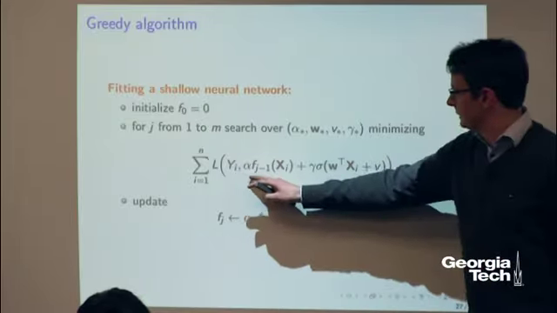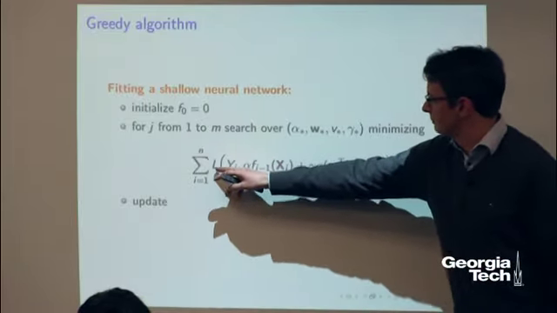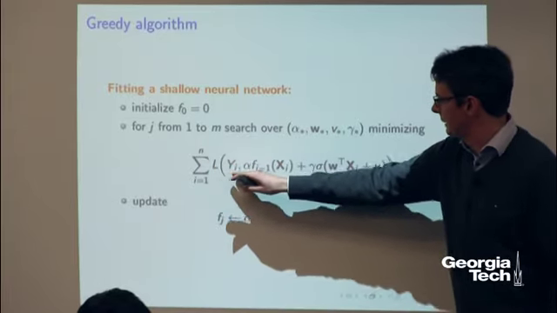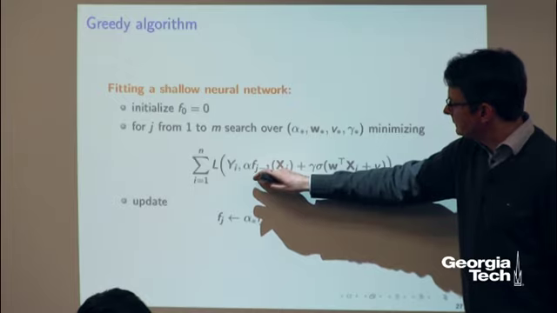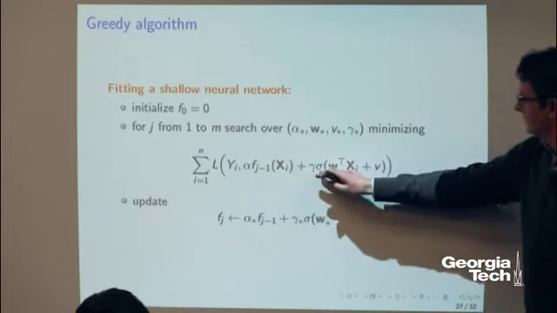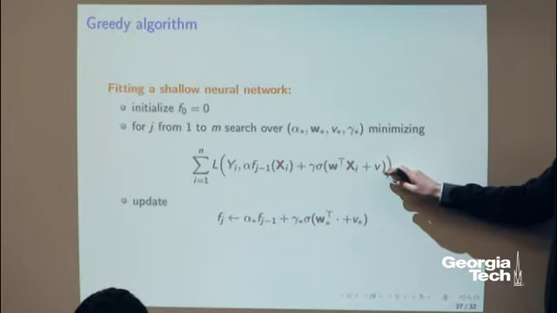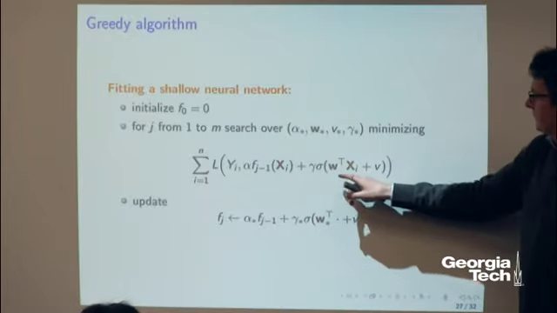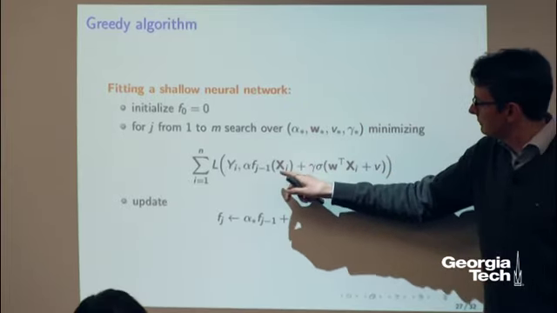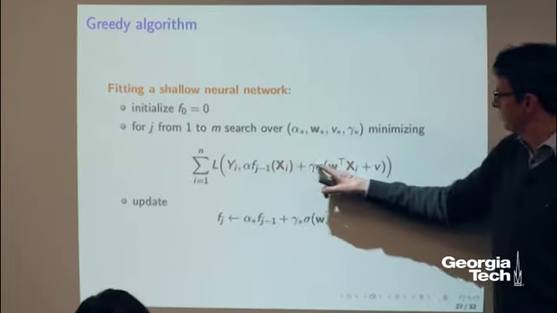Suppose you pick a loss function capital L, say L2 squared error loss or whatever you like, and then you take the network that you have built in the previous step, you scale it, and you add one more unit to that. Now you look for the best fit over all these 3 parameters.